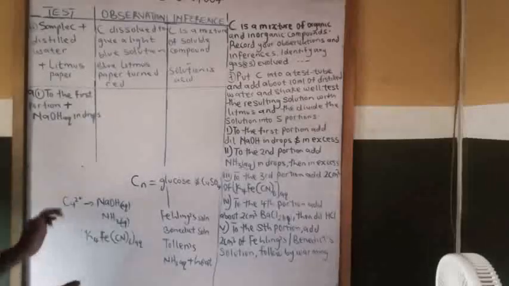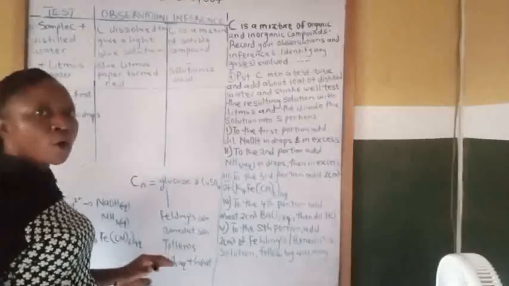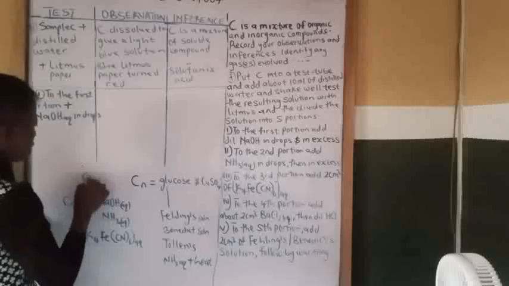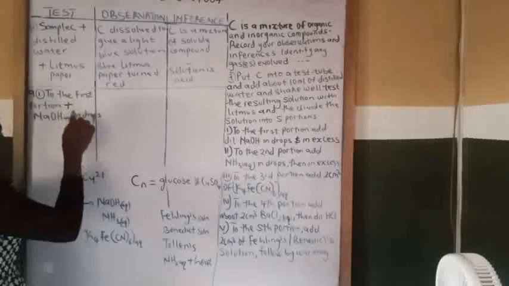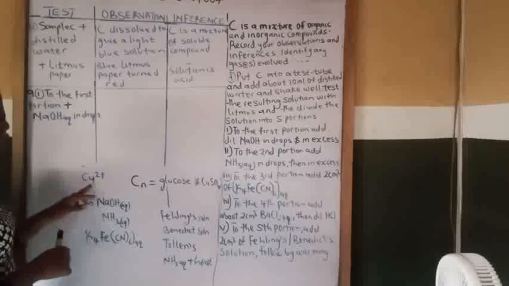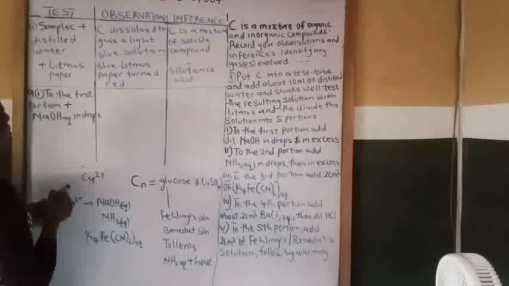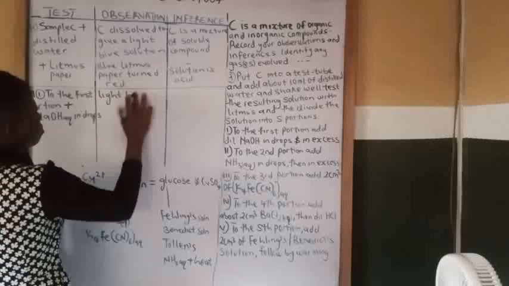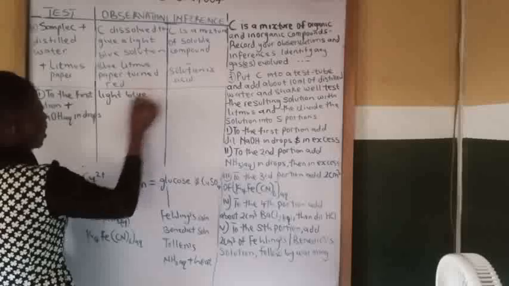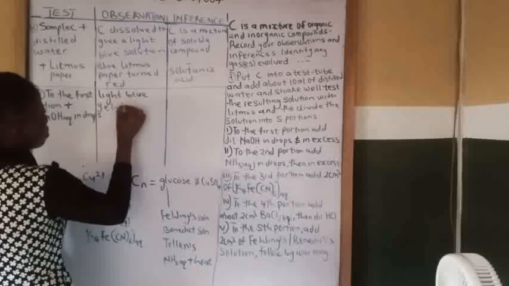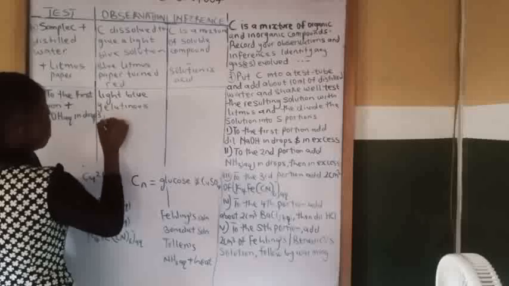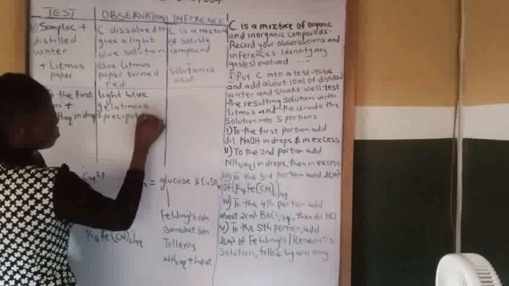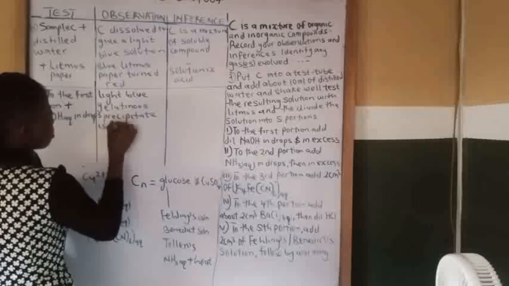So you record your observation and your inference. Don't forget that we are testing for copper. Then when sodium hydroxide is added to copper ion, a pale blue or light blue gelatinous precipitate is formed.